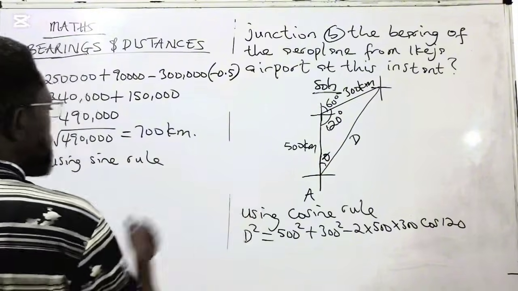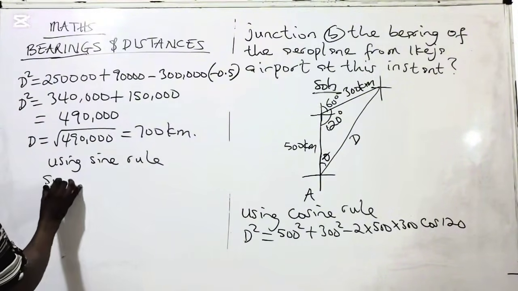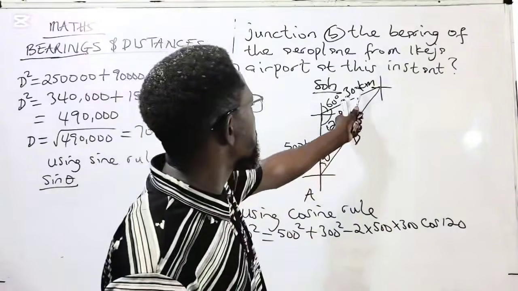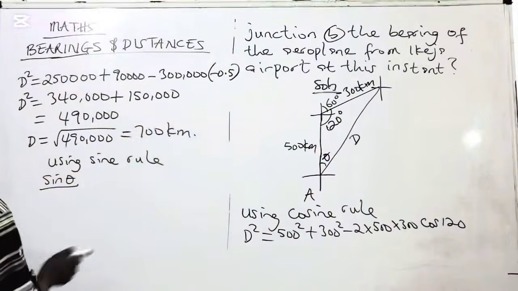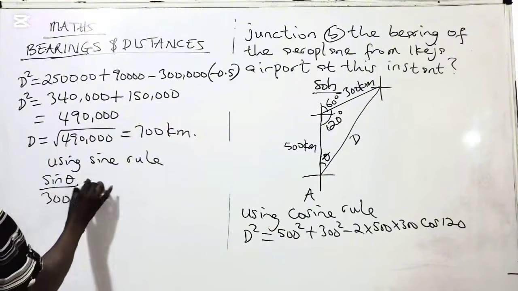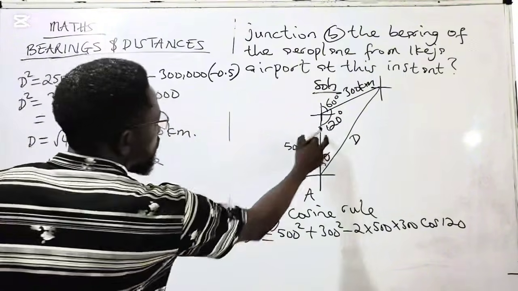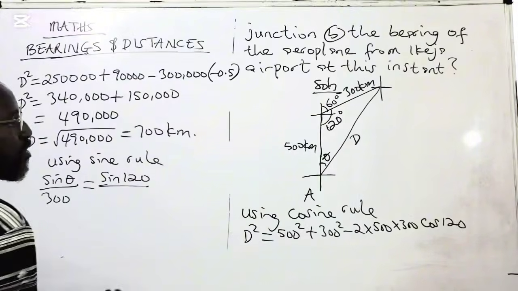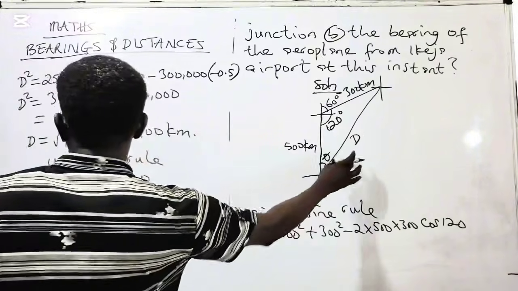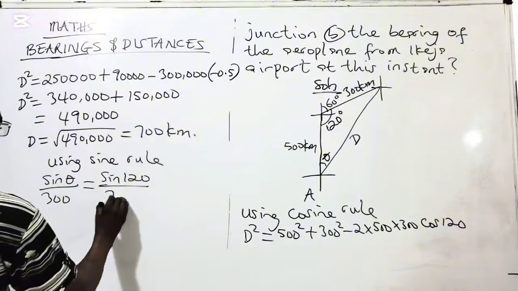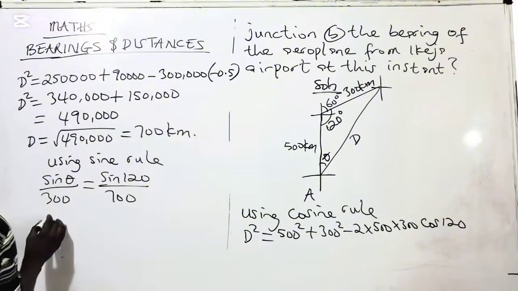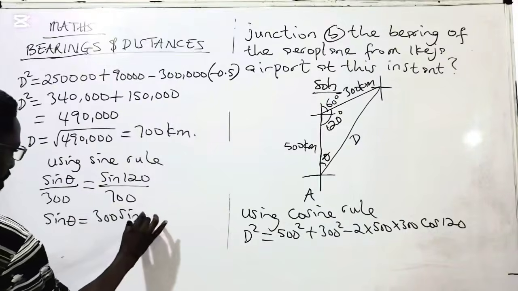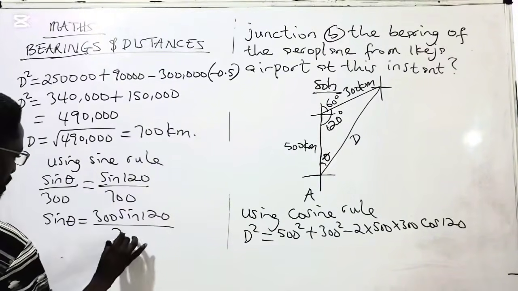So I'll get sine theta over the side facing theta, that's 300, equal to sine 120 all over d, which is 700. So I'll get sine theta equals 300 sine 120 all over 700.